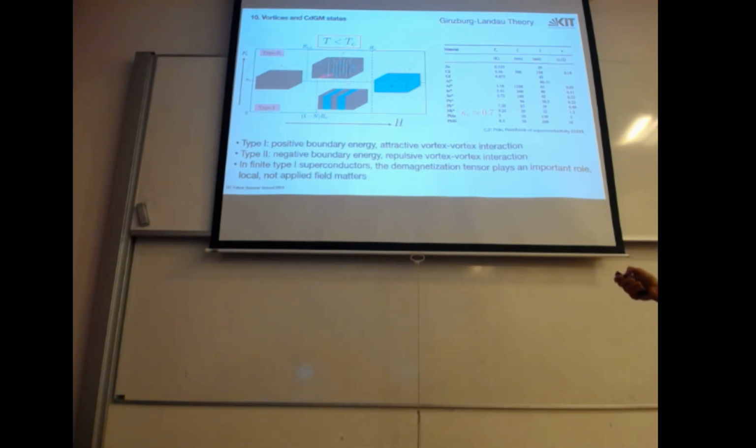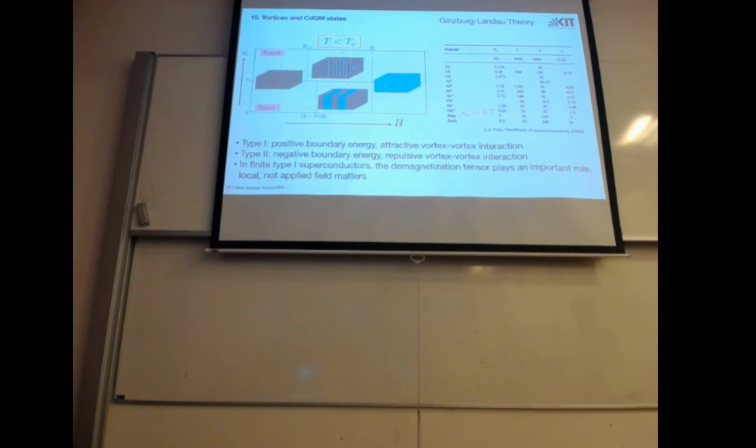This was actually solved by Landau. And the reason is the minimization has to be done not only with respect to this order parameter, but also with respect to the stray field, the magnetic stray field.